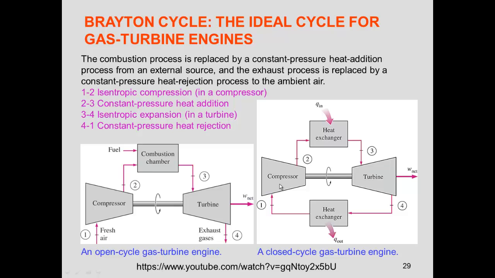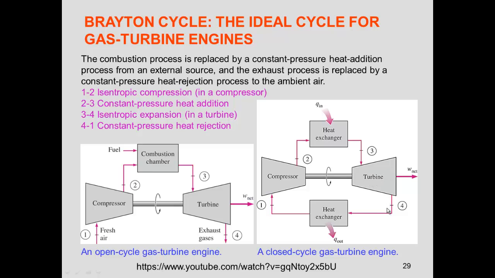So our ideal cycle will comprise 4 processes. One will be isentropic compression. Then we are going to change the combustion chamber to a heat exchanger, so we have heat addition at constant pressure. Then we have expansion in an isentropic turbine.